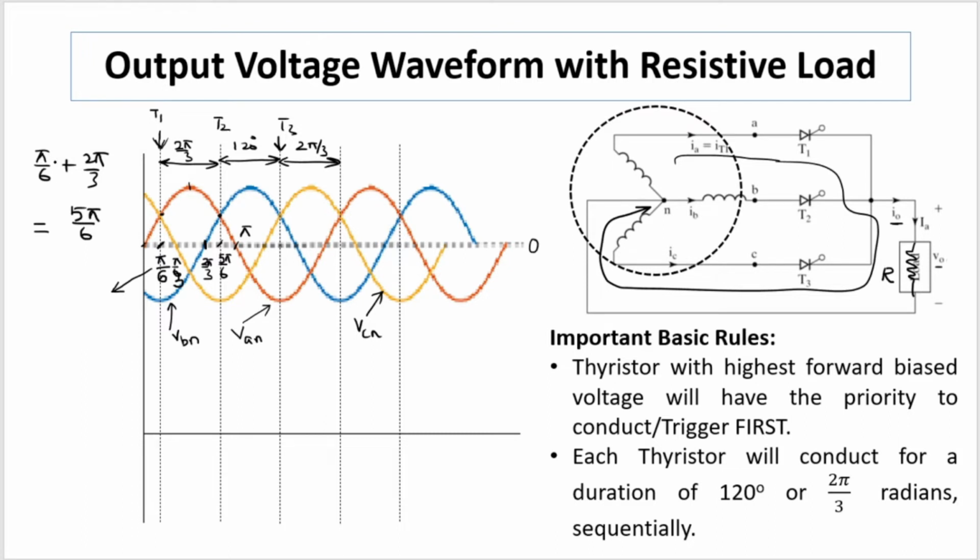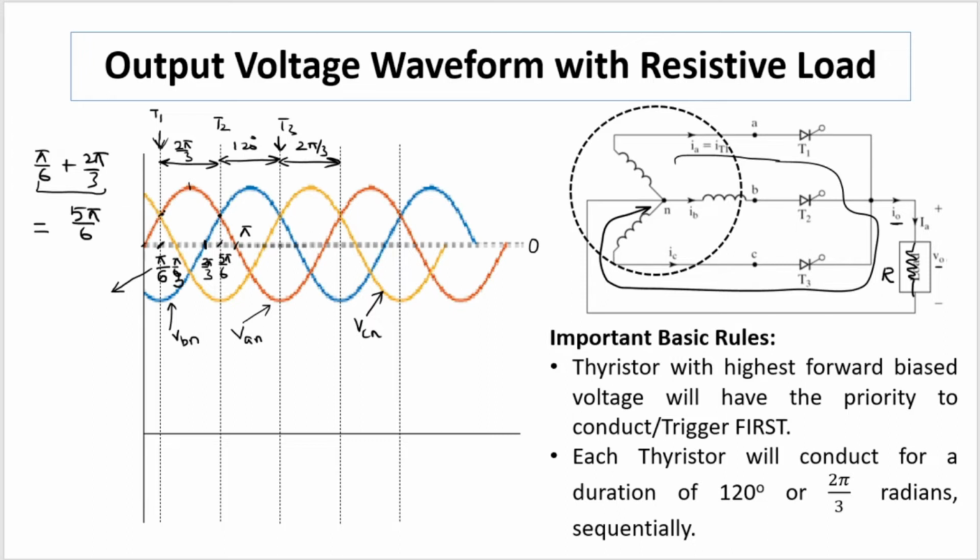Whenever you add these two, you will get 5 pi by 6, or simply 30 plus 120 equal to 150. So at 5 pi by 6, that is 150, T2 will be triggered, and then after 120 of this, that is somewhere around 270 degrees, T3 will be triggered. So this is how we are going to operate.